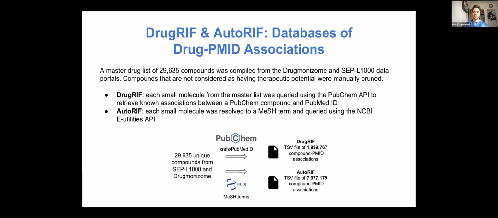And AutoRIF is an automatically generated drug to PubMed ID association resource that we created by querying the PubMed API with unique drug terms. The distinction here is that AutoRIF is a more comprehensive resource, albeit it may be more prone to errors because it relies on fuzzier string matching to retrieve PubMed ID associations automatically, versus RIF, which is more curated, so to speak.